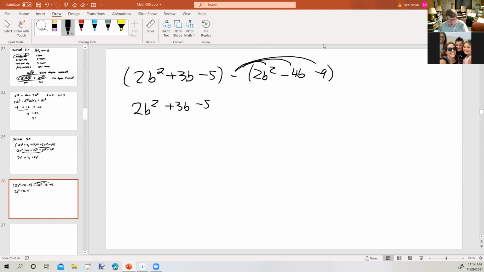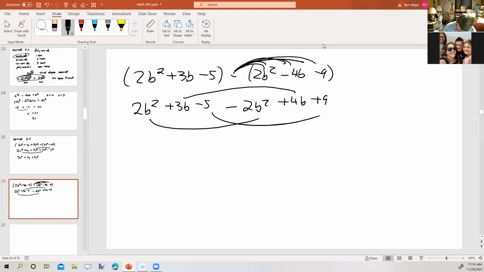It's like distributing a -1 to each term inside, which changes the sign of each term inside. So -1 times 2b squared is minus 2b squared. -1 times minus 4b is a plus 4b. And -1 times a minus 9 is a plus 9. Now combining like terms, 2b squared minus 2b squared, those cancel. 3b plus 4b is 7b, minus 5 plus 9 is plus 4. So we get 7b plus 4. Okay.